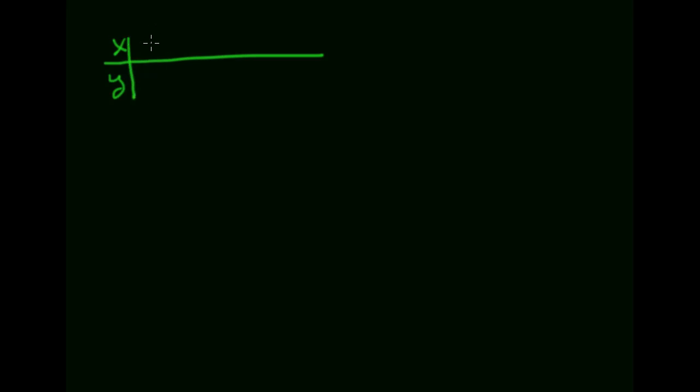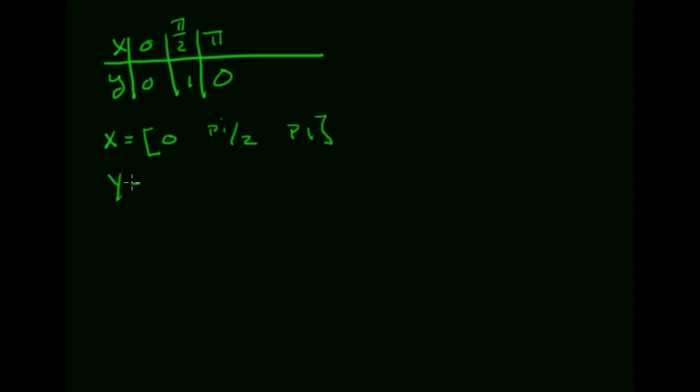We know that the sine of 0 is 0, the sine of pi over 2 is 1, and the sine of pi is 0. So what you can do in MATLAB is you can let x be 0, pi over 2, pi. Let y be 0, 1, 0.